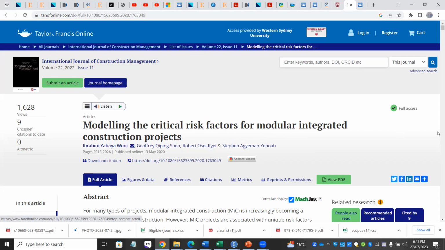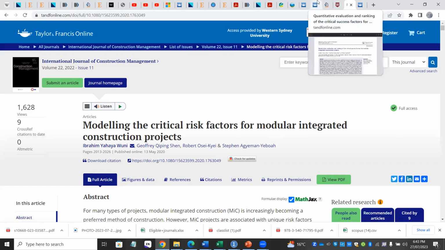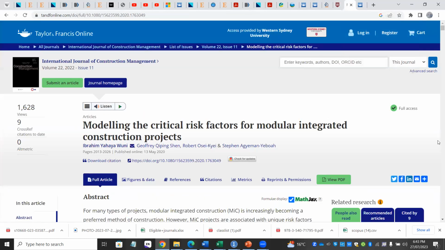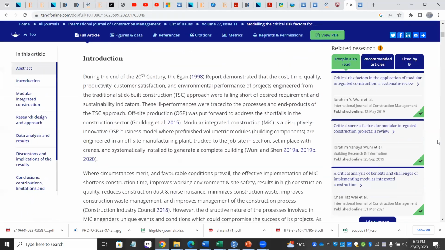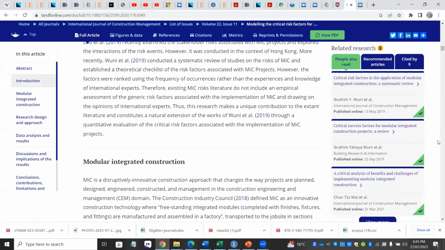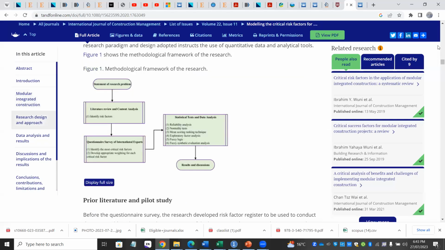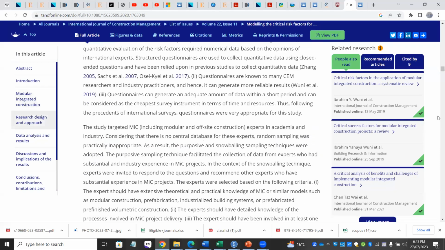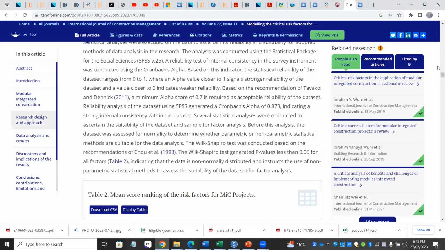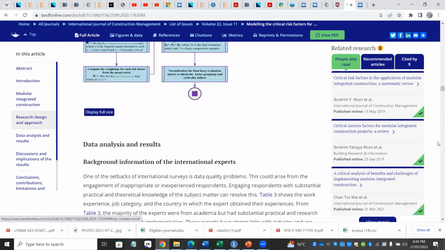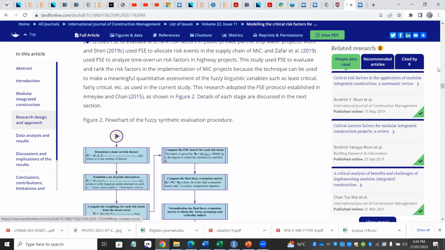But the reason why I decided to switch to this paper is that within this paper, he has a portion where he talked about the fuzzy synthetic logic. Like he did a piece of review, so I thought it was good. The other one he didn't do it.